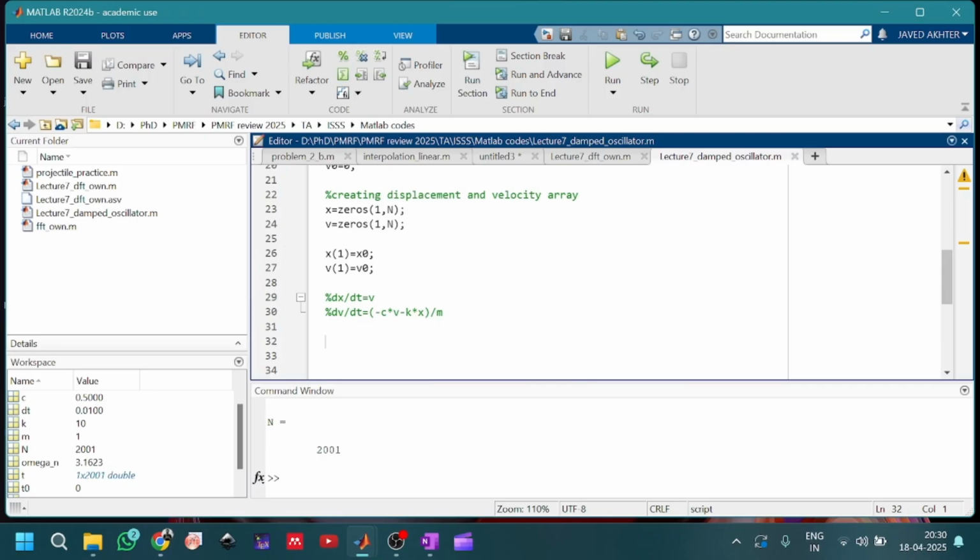So let me define the function. You can define it in this way also.